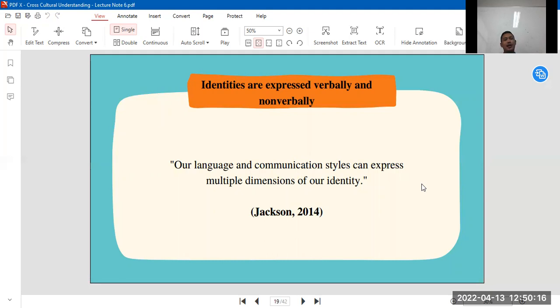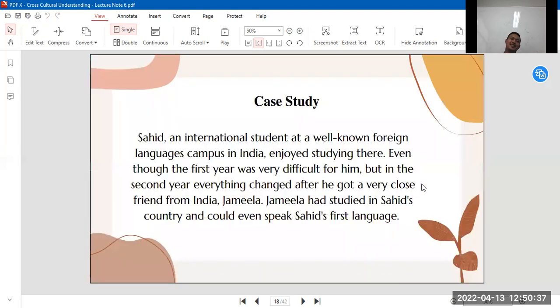Their views about our identities may differ from our own perceptions, right? That's why our language and communication style can express multiple dimensions of our identity, like Sahid's experience.